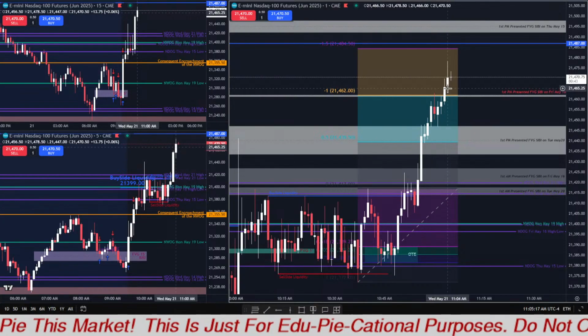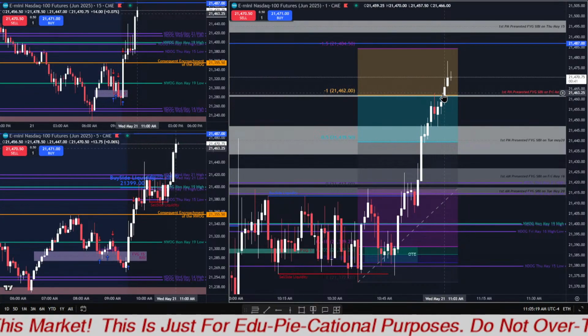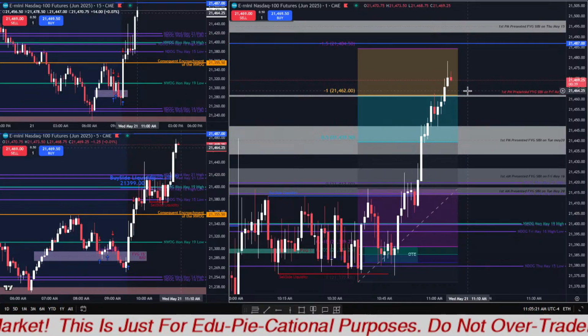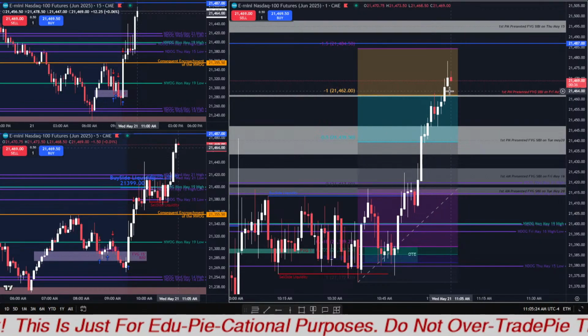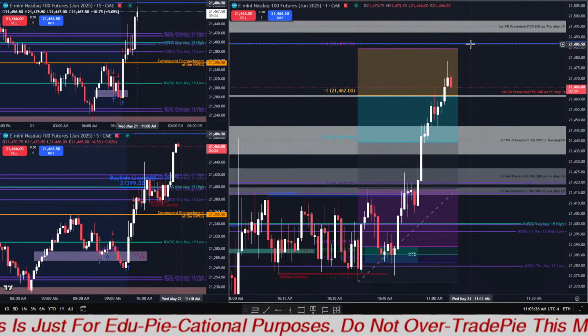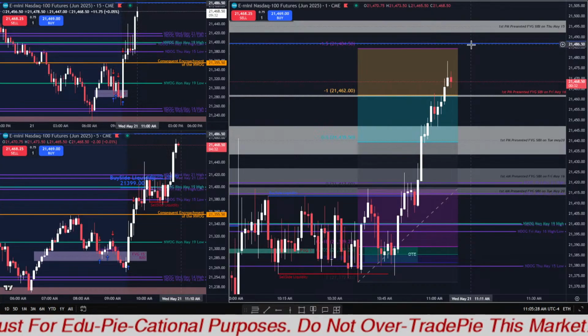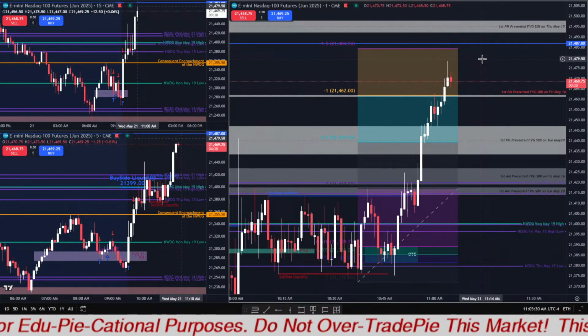We have this small inefficiency over here, and I'm watching the market to come over here and start going higher towards this buy side that I highlighted.